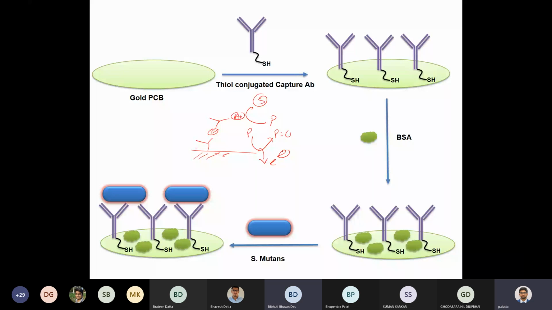Yes, sir. So in this case, what is the rate determining step? How many electrons are you getting? If you are getting more product, you'll get more current. This is the rate determining step, right? But in this case, the rate determining step is the hindrance.